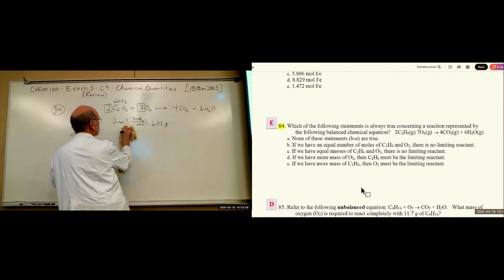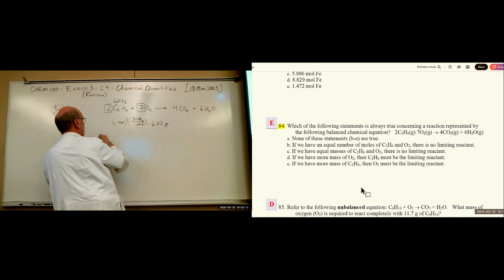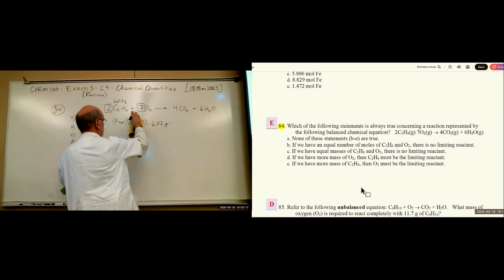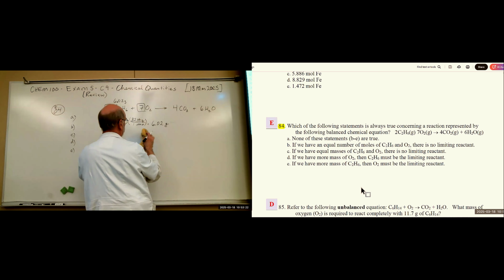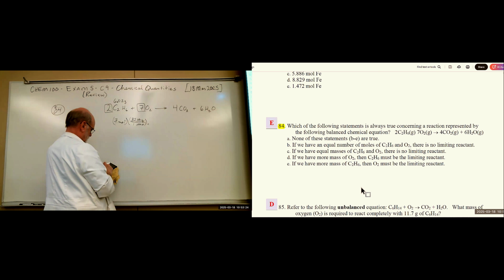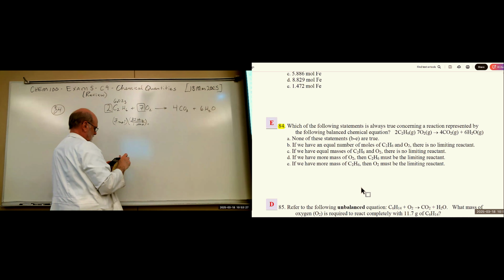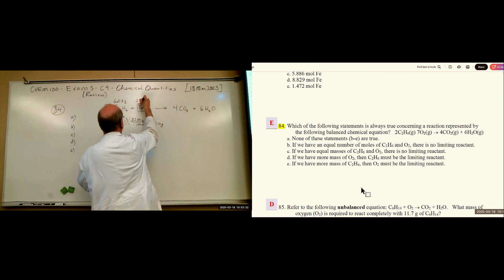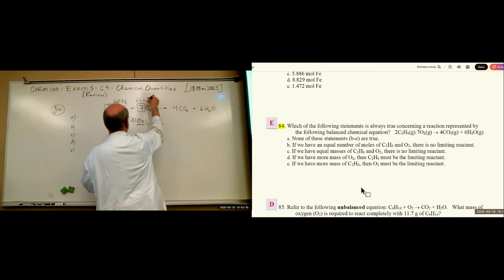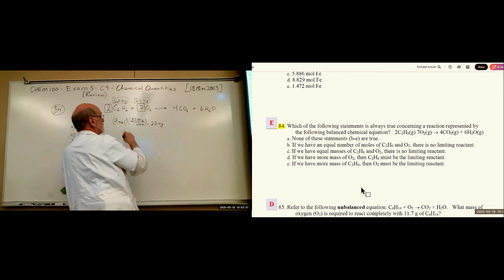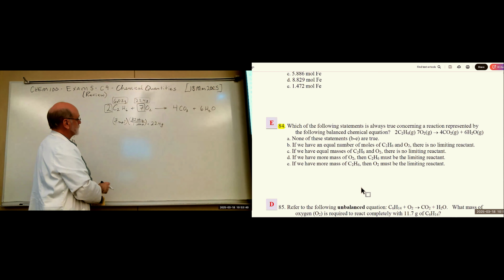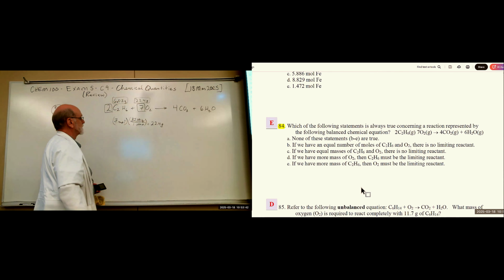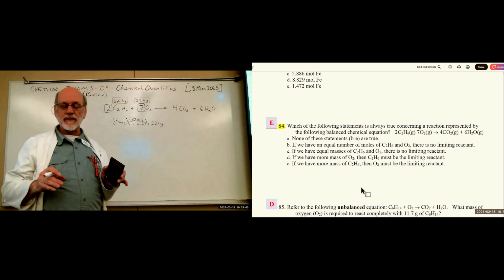And then we'll compare that to 7 moles of oxygen. That would be 32. So 32 times 7 is 224 grams. Okay. These are the stoichiometric mass ratios. This ratio of 224 to 60 would be exactly the right amount.